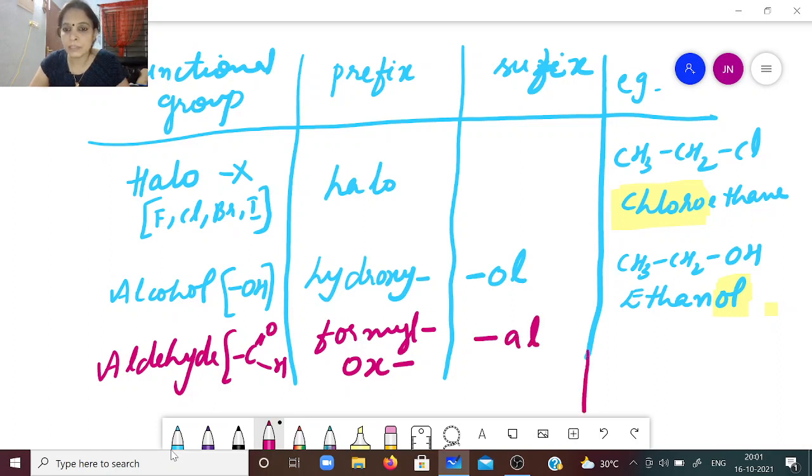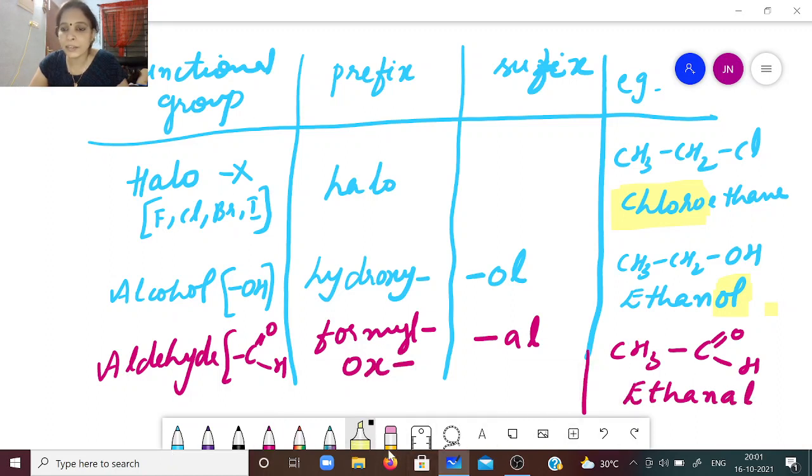Examples are CH3, C double bond OH. You can see the functional group C double bond OH is aldehyde. And how many carbons are there? Two carbons. When two carbons are there, it is ethanal. And we are using the aldehyde here as AL. Clear? And it is suffix. I'm just scrolling it up.